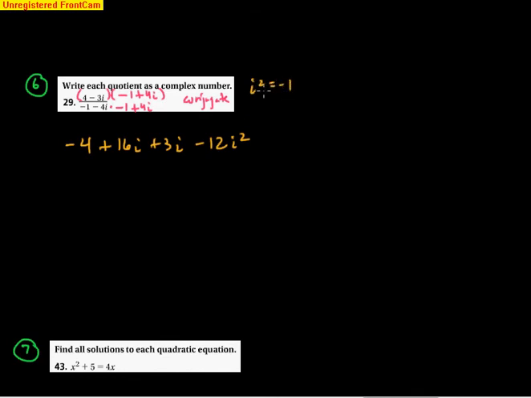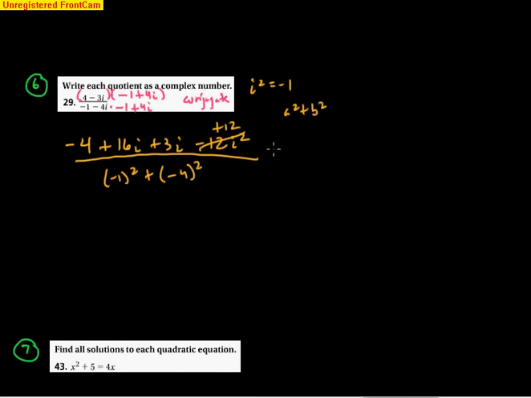Remember this, i squared equals negative 1. So it makes negative 12 turn positive. Now, when you multiply the bottom together, the bottom comes out to be a squared plus b squared. The i goes away. So a is negative 1 squared plus b is negative 4 squared.